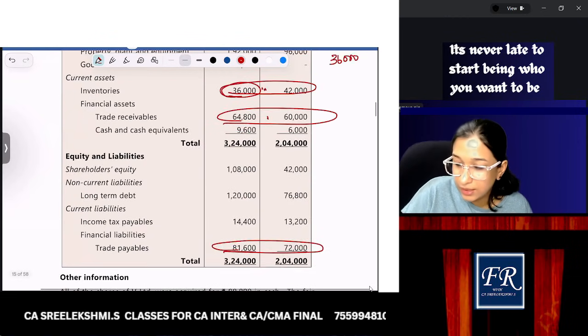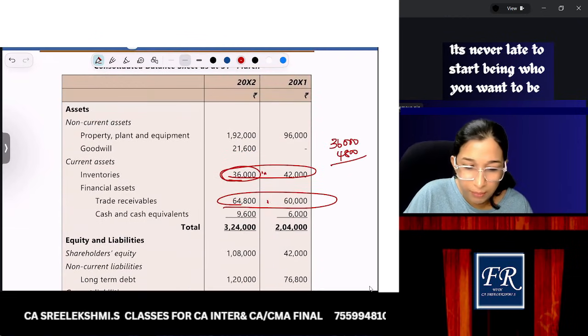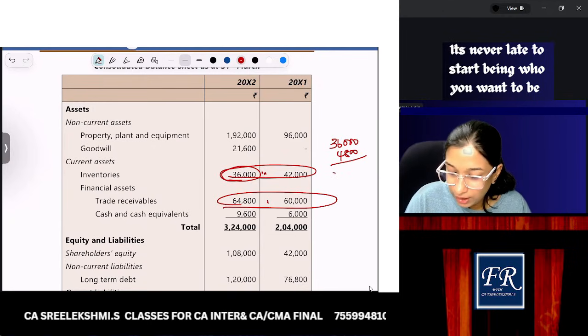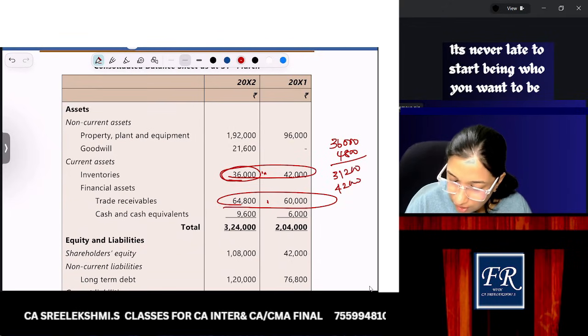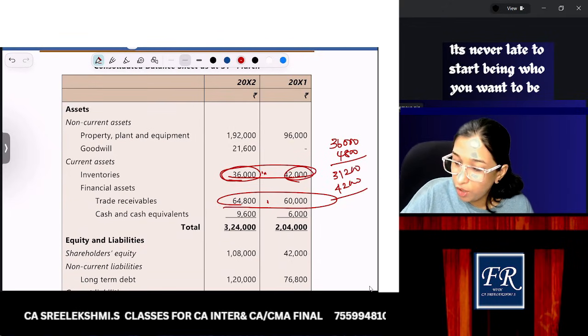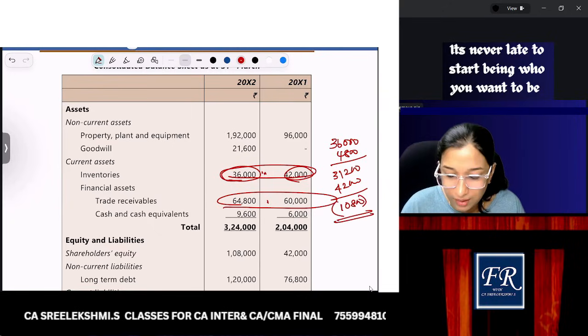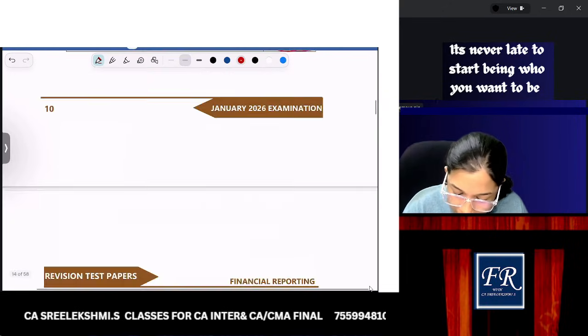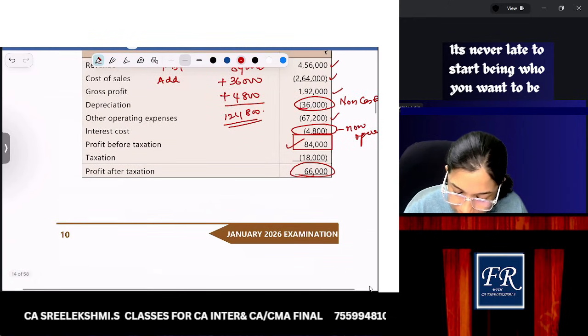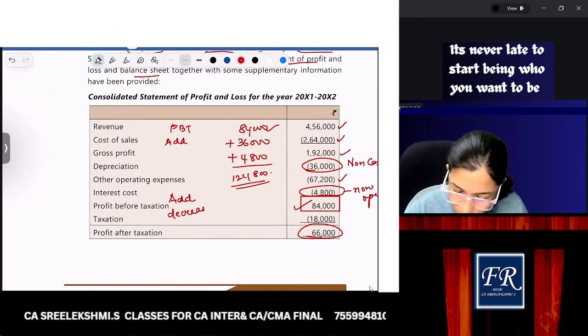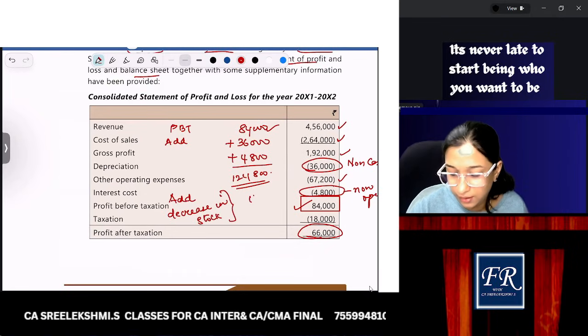So this was 36,000 minus 4,800. So 31,200 is my inventory. Compared with last year inventory of 42,000, there is a decrease in inventory of 10,800. Decrease in inventory is to be added. Decrease in stock 10,800.